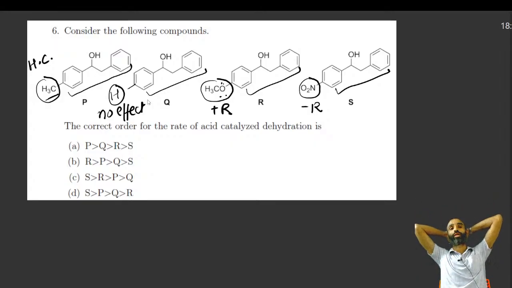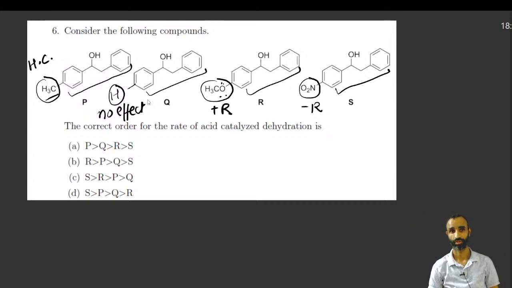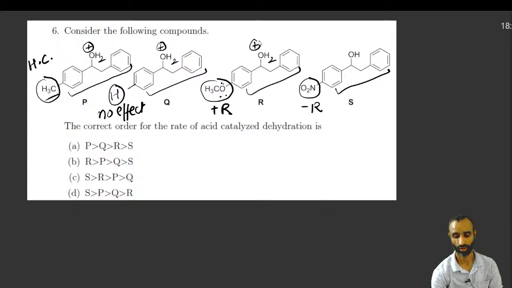Now, you know the correct order of rate of acid catalyzed dehydration. So tell me, when dehydration takes place, what will happen? First of all, this becomes protonated alcohol. H plus ion will attack on OH, and after the attack, what will happen?